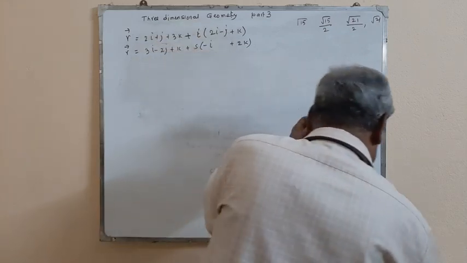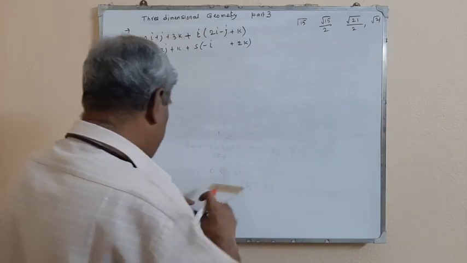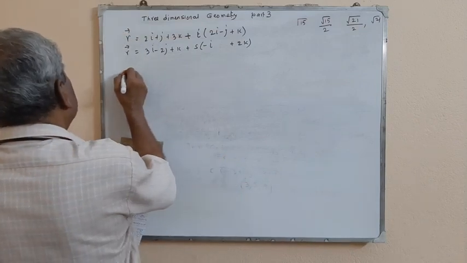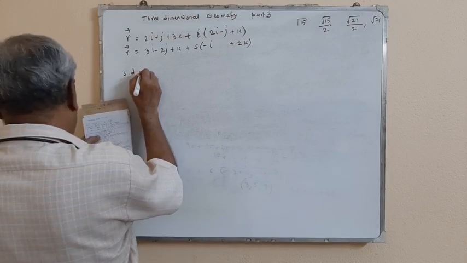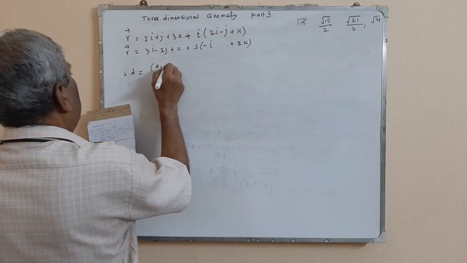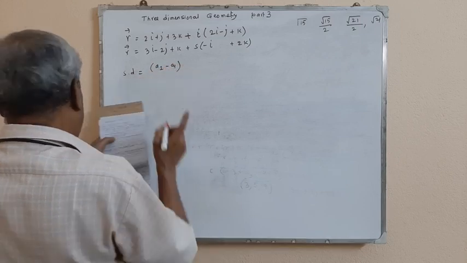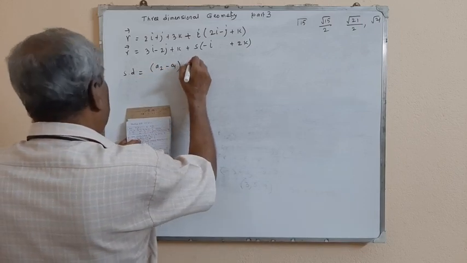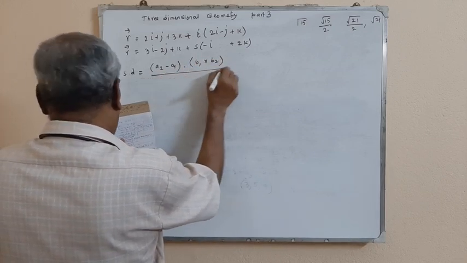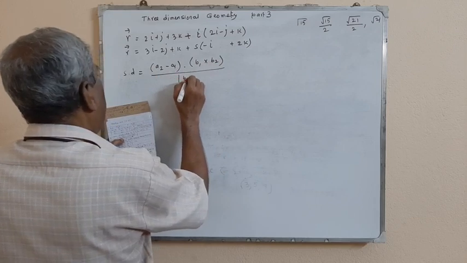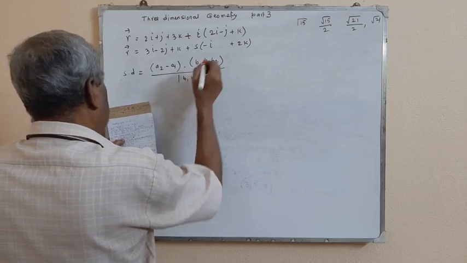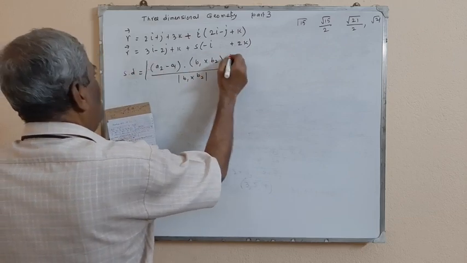For vector equation the shortest distance is equal to, formula is (a2 minus a1) dot product (b1 cross b2) by magnitude of b1 cross b2, with a modulus sign.